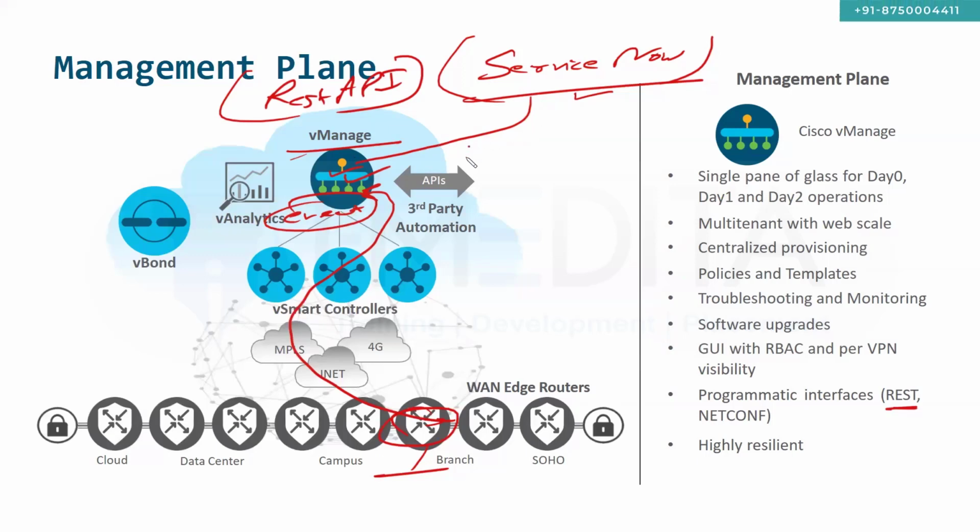We said that every 5 minutes, let's say, I don't remember exactly the timer, but I'm just giving you one hypothetical value, we created one script here that every 5 minutes, we will fetch the event bucket from vManage.